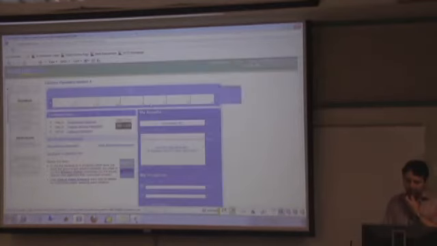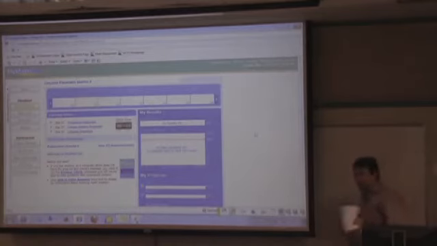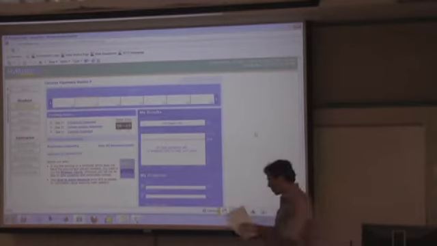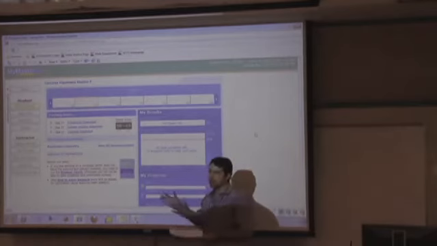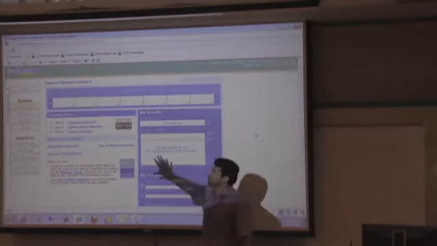So after you register, this is basically what you're going to be looking at. I'm not going to go through all of these lists, but once you're registered and logged in, this is the page you're going to be looking at.